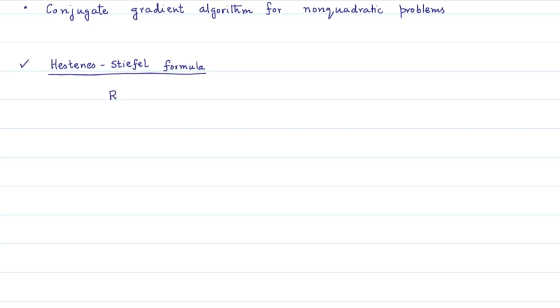We recall that the expression of beta k in the conjugate gradient algorithm for a quadratic function is given by this expression.